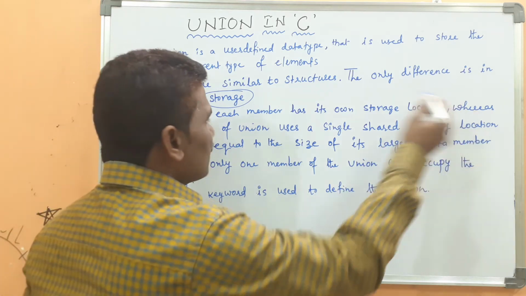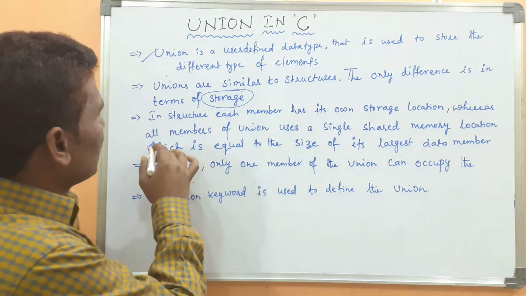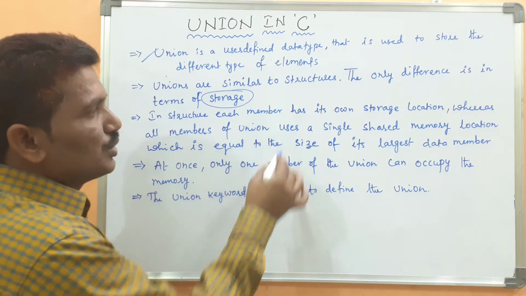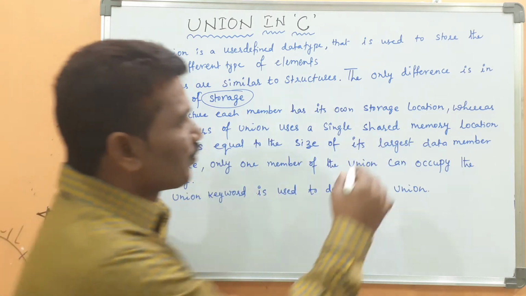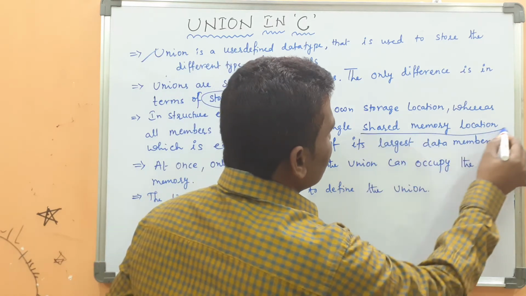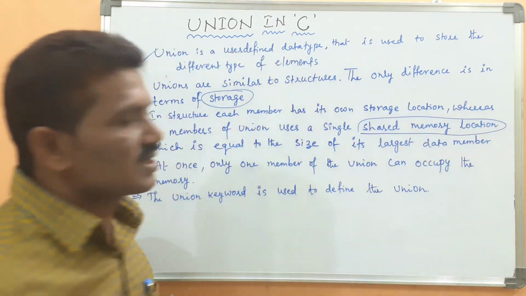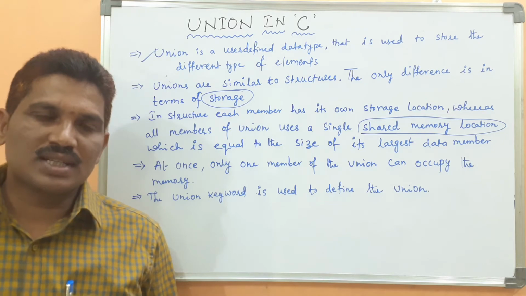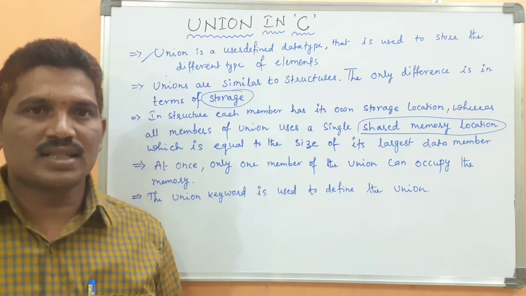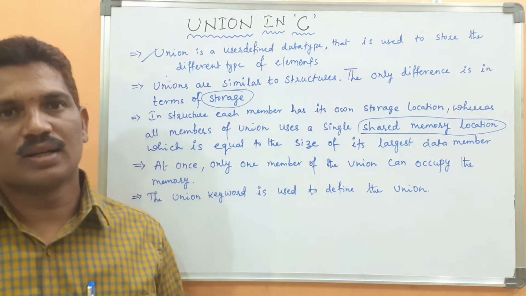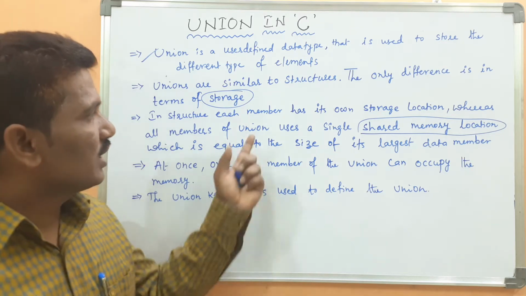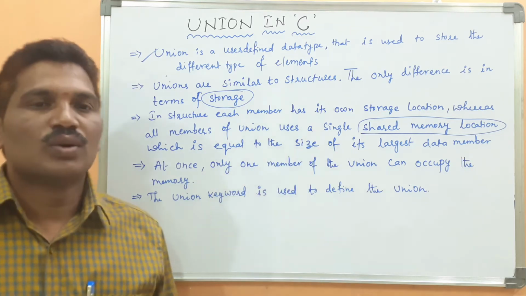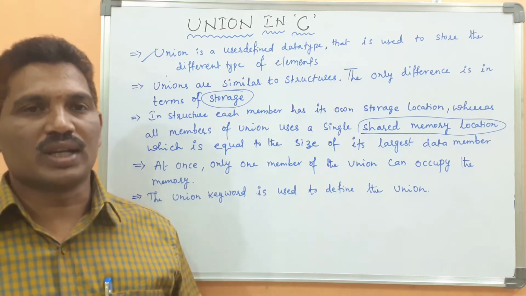Whereas in a union, all members of the union use a single shared memory location, because this is the major difference between a structure and a union. In a structure, each member has its own address location, but in a union, only a single shared memory location is used.